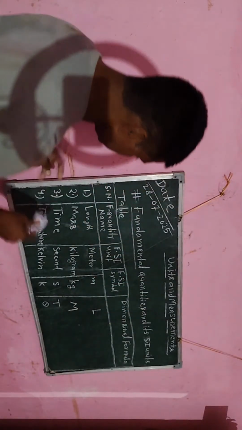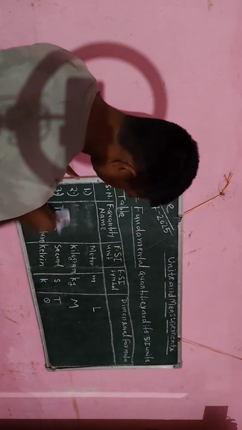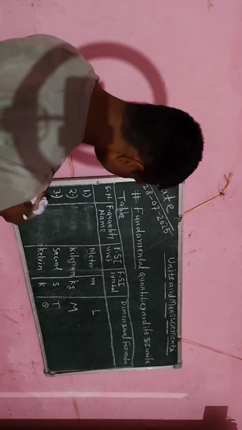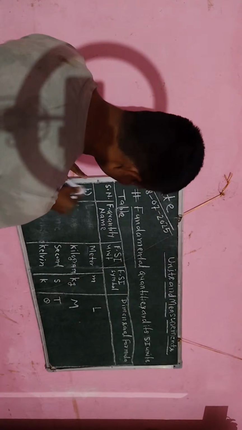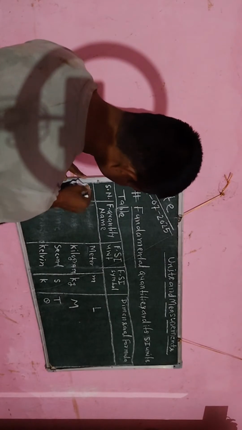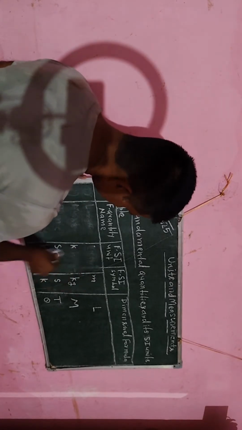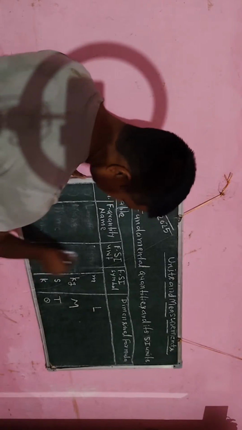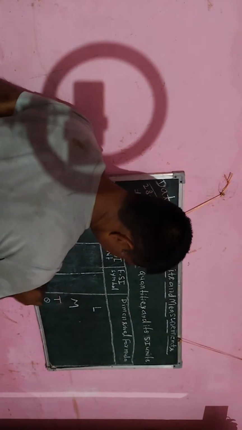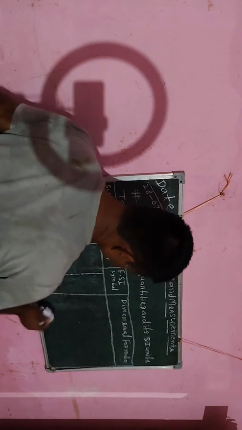Now I will also erase the serial numbers because I will start from 5. Because there is no space here, I will erase the remaining part, and then I will write the next information.